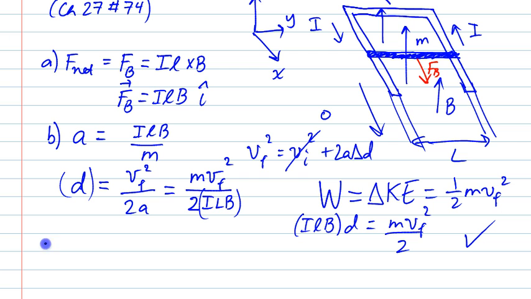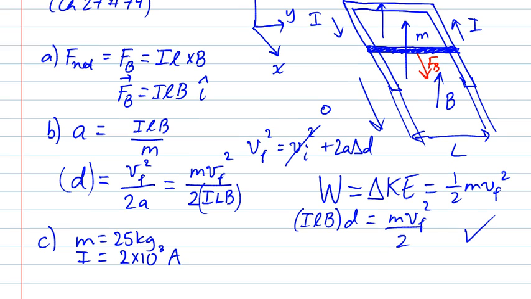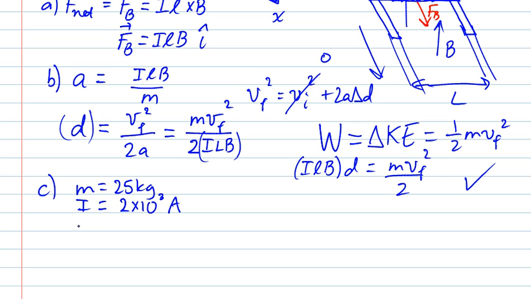Okay, now finally, in part C, we actually want to plug in numbers, and we're given things like the mass is 25 kilograms. The current is about 2,000 amps, which is a lot of current. That would take a huge amount of power.